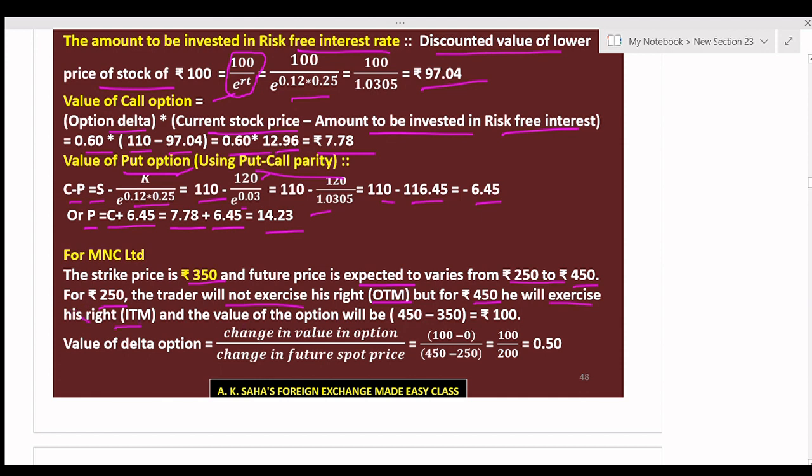And the value of the option will be 450 minus 350, which is rupees 100. Now the value of delta, the change in value of the option divided by the change in future spot price, is equal to 100 minus 0 divided by 450 minus 250, that is equal to 50%, 0.50.